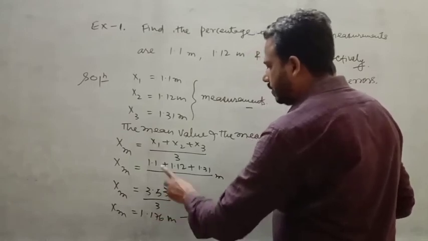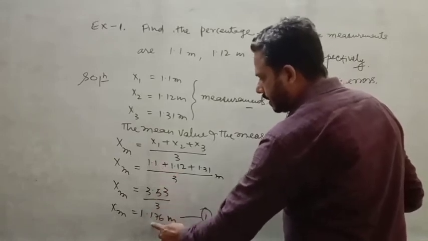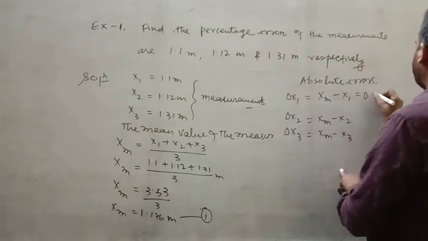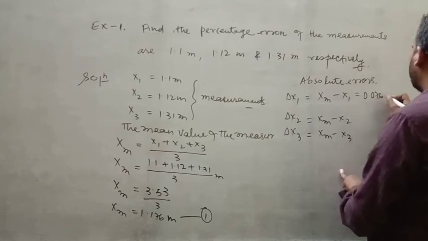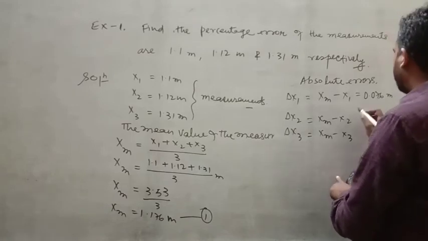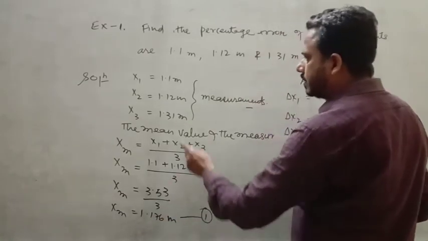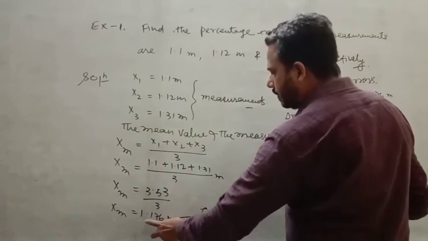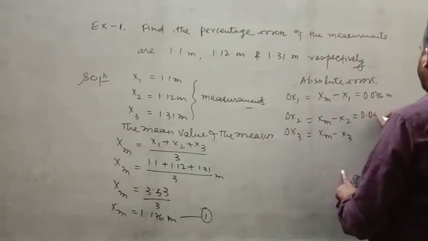Whenever you subtract 1.1 from here, you will get 0.076 meter. In the second one, x mean is 1.176, and you subtract the second measurement, 1.12. So you will get 0.056. This one is 0.056 meter.